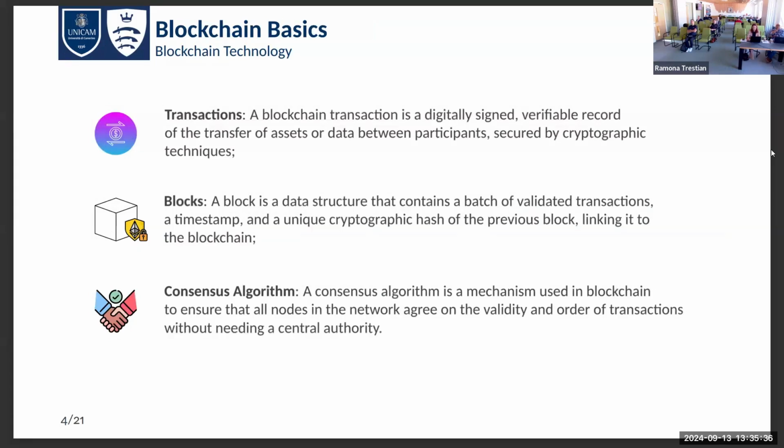Basically, if we think about the blockchain, the main ingredient is the transaction, because in the blockchain every participant has a so-called wallet, composed of an address that identifies the user in the blockchain. This address is tied to a private key that is used to sign a transaction that can be sent to other participants within the blockchain.